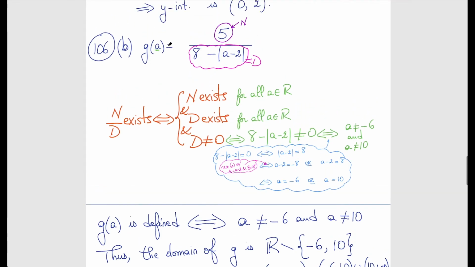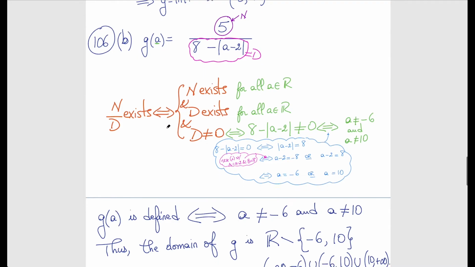Alright, what if now I take the same question as above, but I tweak it? I'm gonna use a different color. Let's go for red.